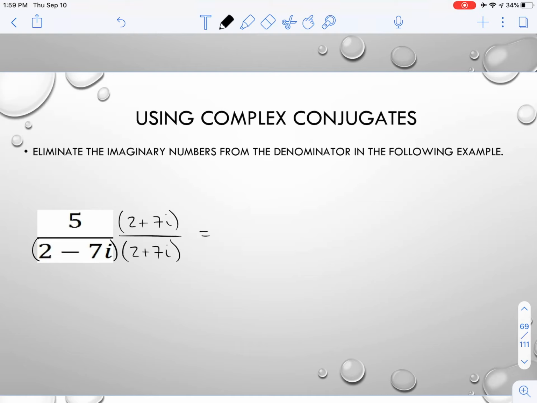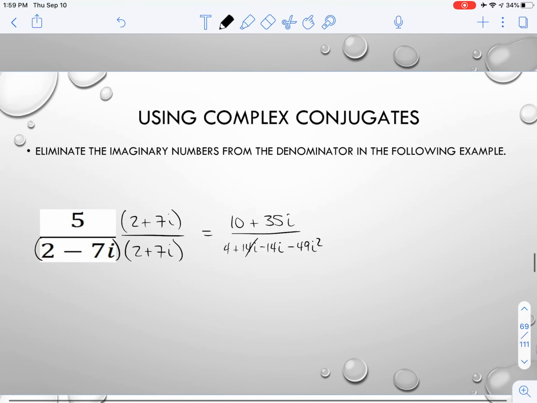So in my numerator, I'm going to distribute: 5 times 2 is going to be 10, and 5 times 7i is going to be 35i. In my denominator, when I distribute, I'm going to have 4 plus 14i minus 14i and minus 49i squared. The 14i and the negative 14i cancel out, just like I showed you on the last slide.